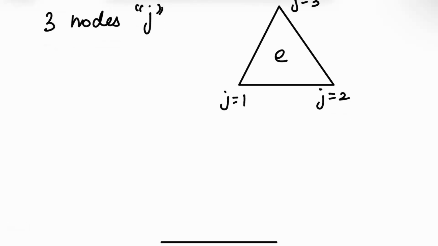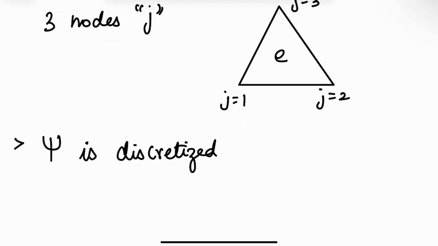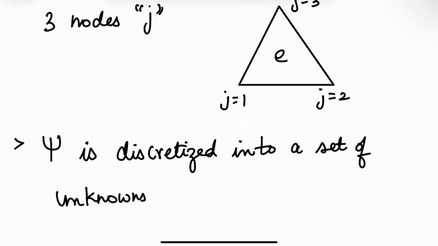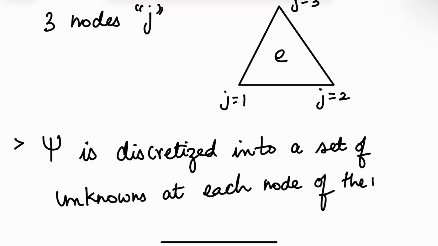Okay, so I have this mesh element, and now my psi, which is the unknown modal distribution over x and y, is discretized into a set of unknowns at each node of the mesh.